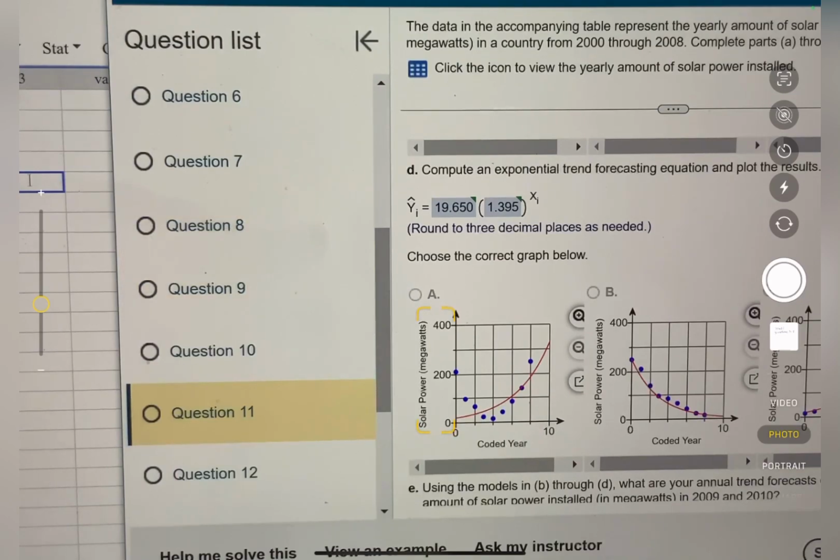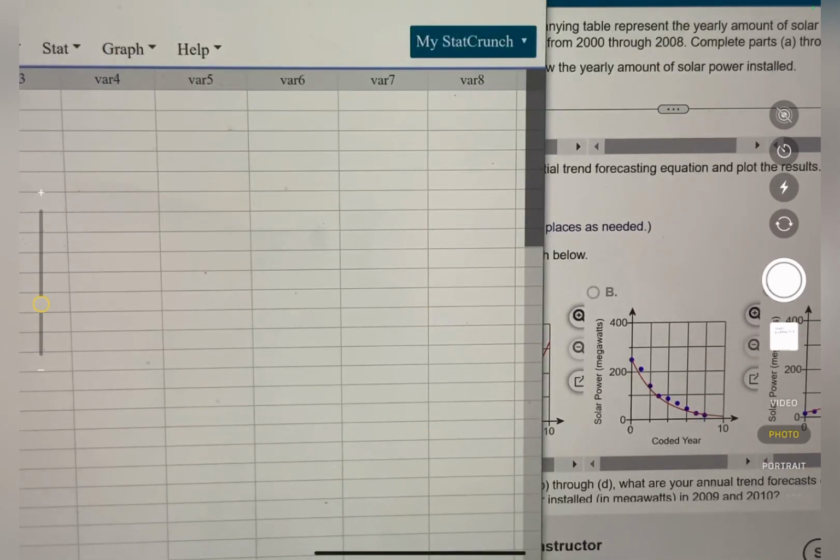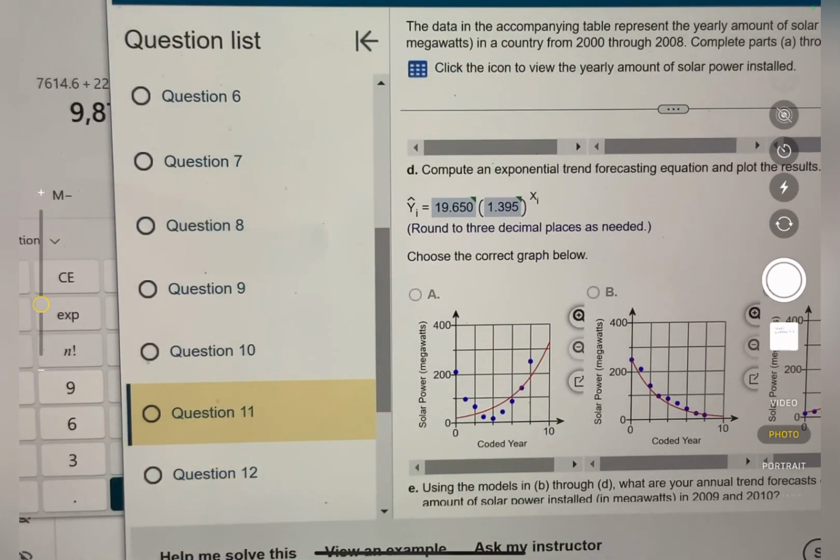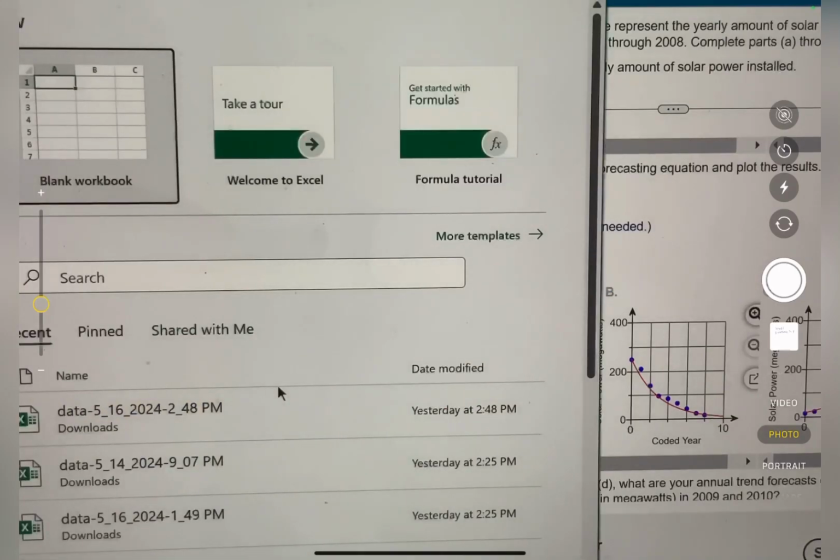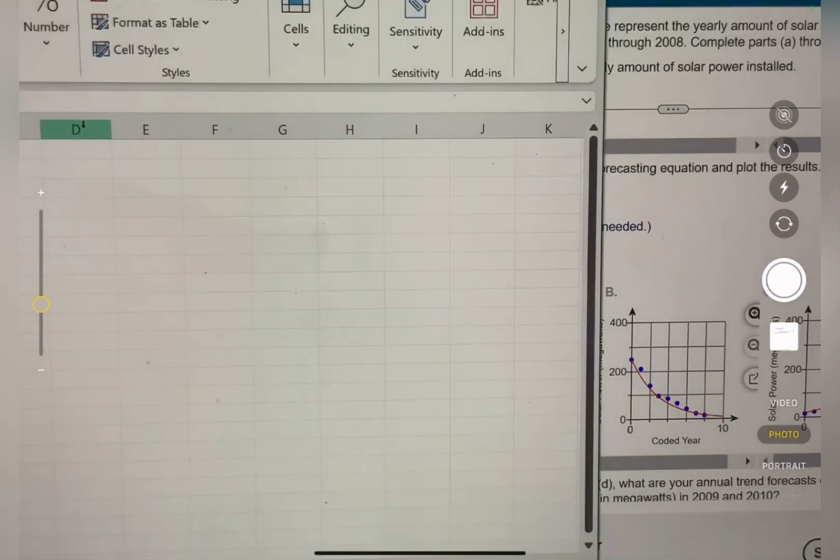Then I'm going to copy this. Okay. Hold on, highlighting. And then I can do Control X, cut it off, and then go to Excel spreadsheet. Control V.